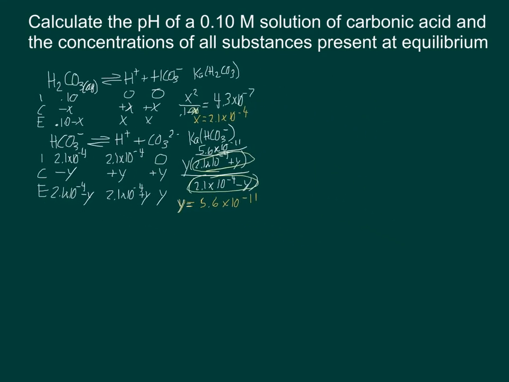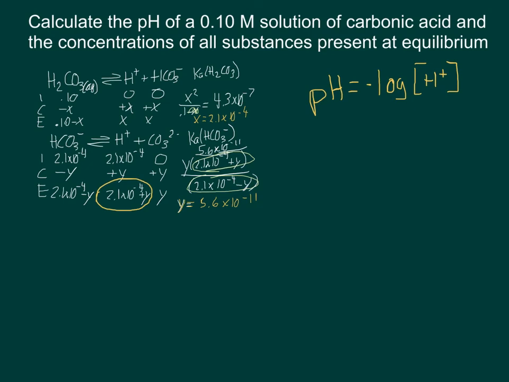The first thing we're going to do is go ahead and do the pH. So the pH equals the negative log of concentration of H+, right? Well, concentration of H+ is technically two things here. It is the X plus Y. So realistically, the concentration of H+ is this, 2.1 times 10 to the negative 4th plus 5.6 times 10 to the negative 11th.